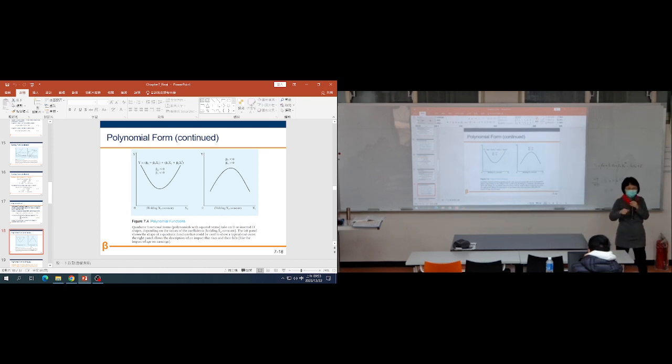If you produce more, then the fixed cost per unit will reduce. Therefore, the average cost will reduce. But at some certain point, something like this one, this is your maximum quantity to produce some products. After that, the cost will increase.